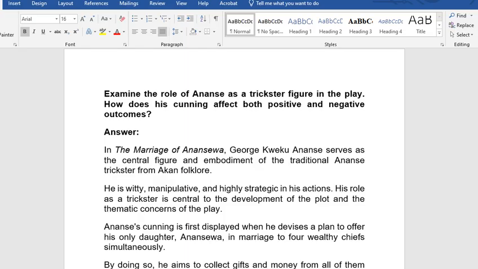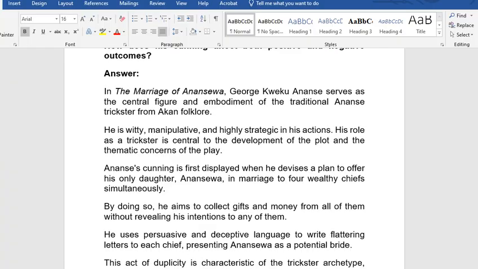He is witty, manipulative, and highly strategic in his actions. His role as a trickster is central to the development of the plot and the thematic concerns of the play.